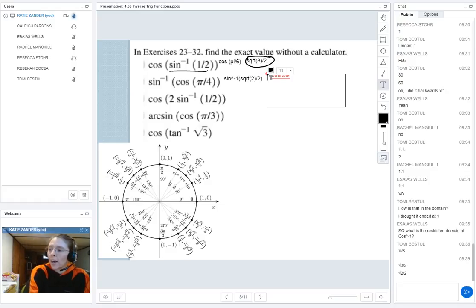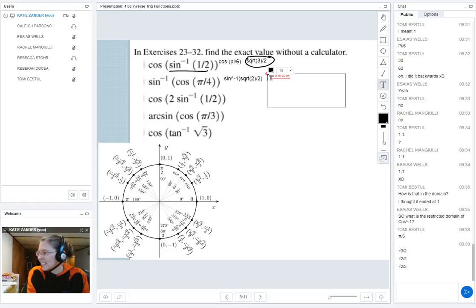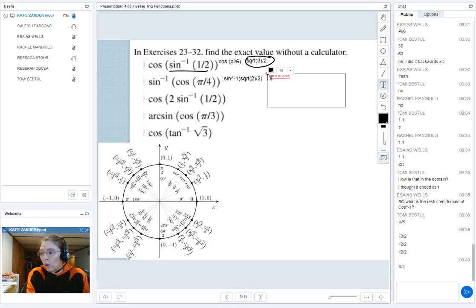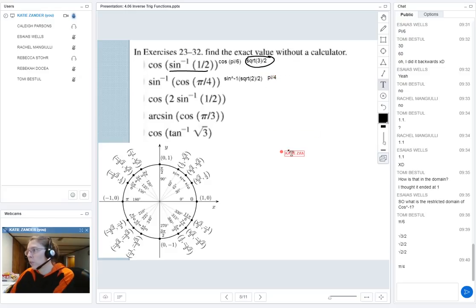Don't look too far because you're not going to have to move too far. It's going to be the radian version of that. So you're looking for where sine equals square root 2 over 2. It's at that same ordered pair, and that same ordered pair is occurring at pi over 4. Yep, so pi over 4 is the answer that we're looking for in question 2 there.